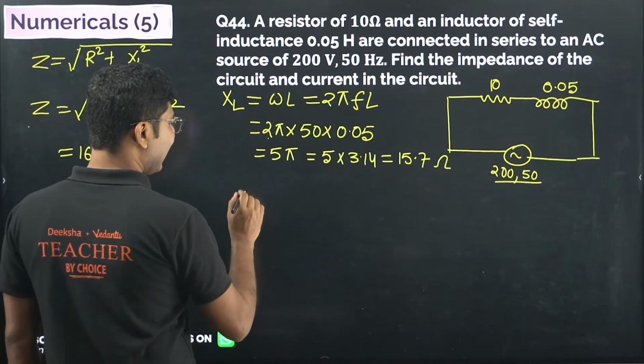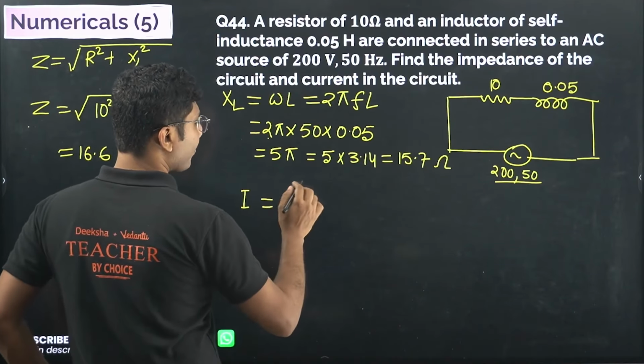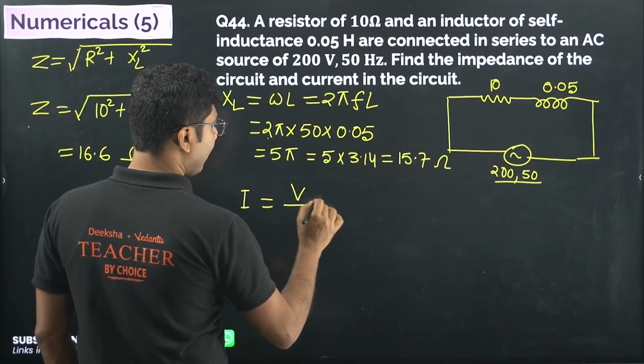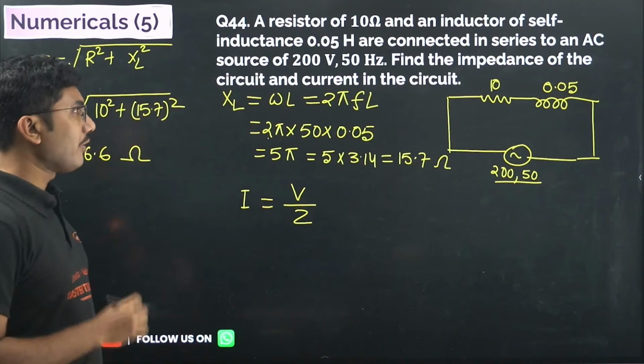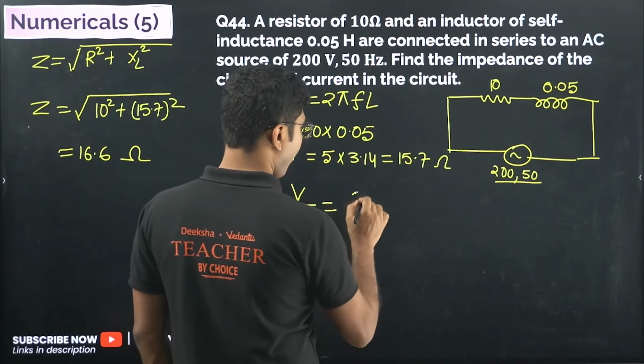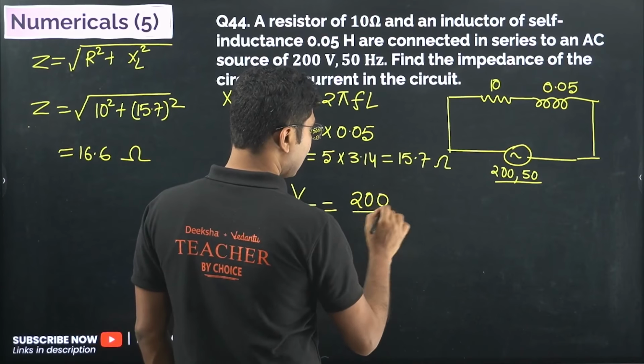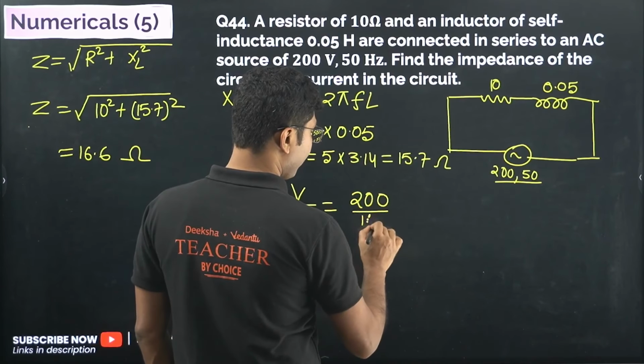Now what is current? Current is given by the voltage that you have applied divided by the impedance. Okay, voltage is 200 and the impedance is 16.6.